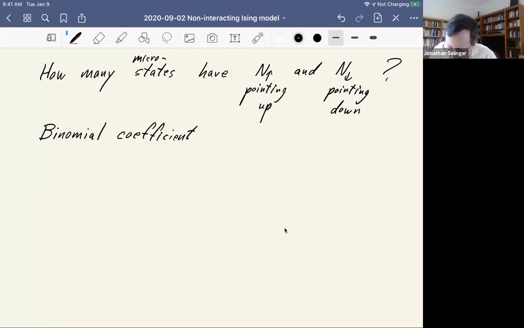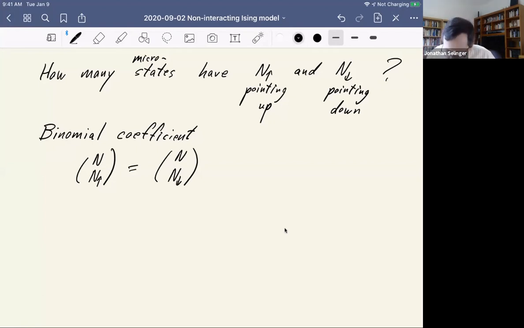American students often will say this as n choose n up, or n choose n down. What that means is how many ways, if you have n objects, are there to label n up of them as pointing up and n down of them as pointing down.